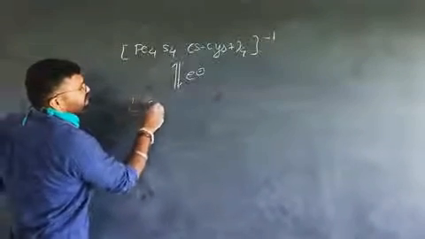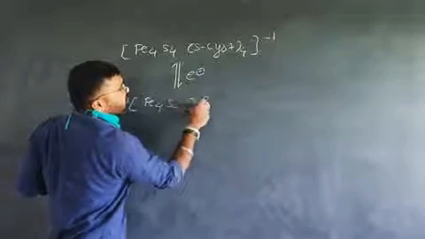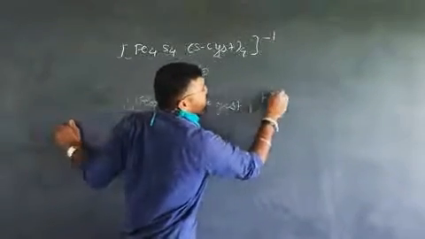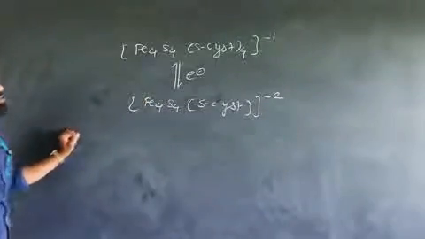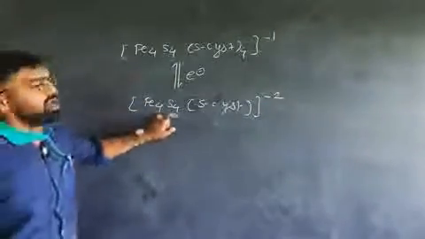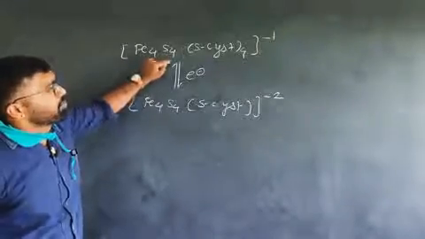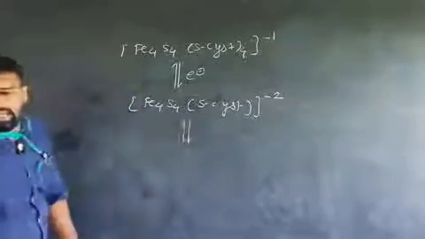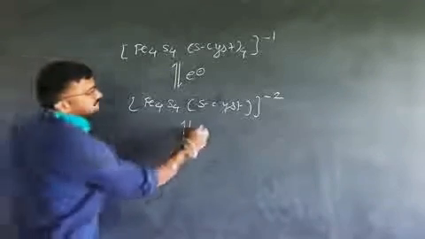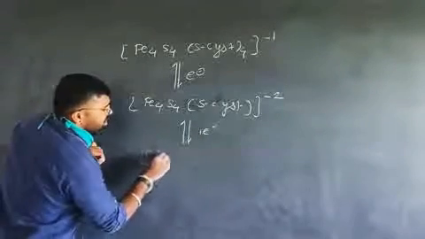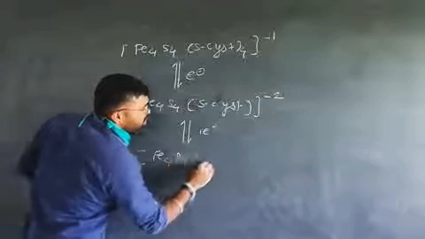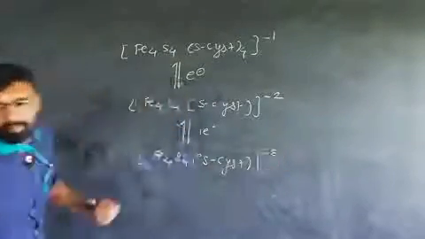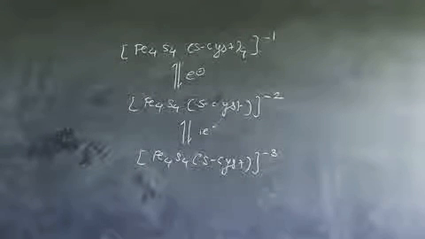This is converted into Fe4S4 with the sulfur of the cysteine unit. Now the overall charge on the complex is -2, gaining an electron. Then again an electron transfer process takes place and Fe4S4 with the sulfur of cysteine is converted into -3 charge, right.